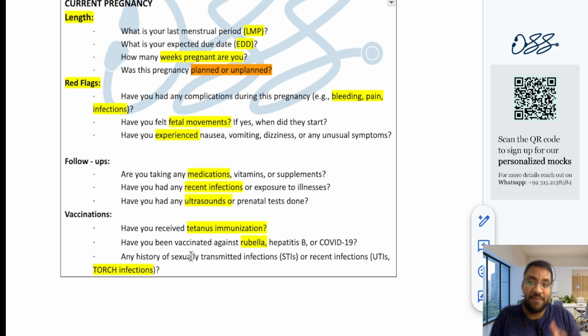That would be very sufficient to give you an idea how the current pregnancy is going right now, where we are at the pregnancy at this moment.